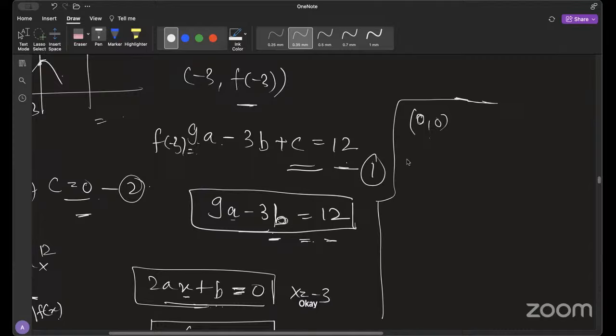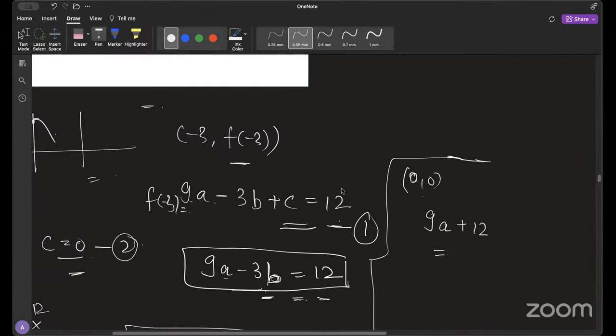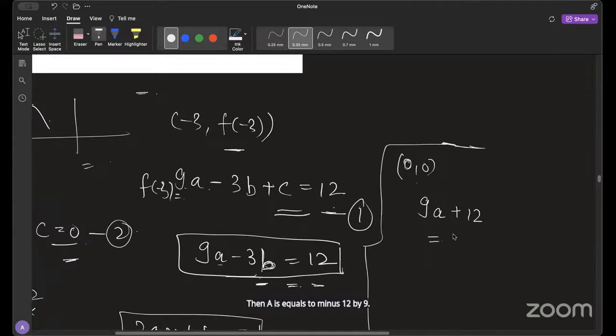If we have to find the value of a, let's just ignore 3b for a second. That is equal to 9a. If we keep this minus 3b here, we'll get 9a plus 12, which is 9a equals minus 12. Then a equals minus 12 by 9, then it is equal to minus 4 by 3 if we reduce it.